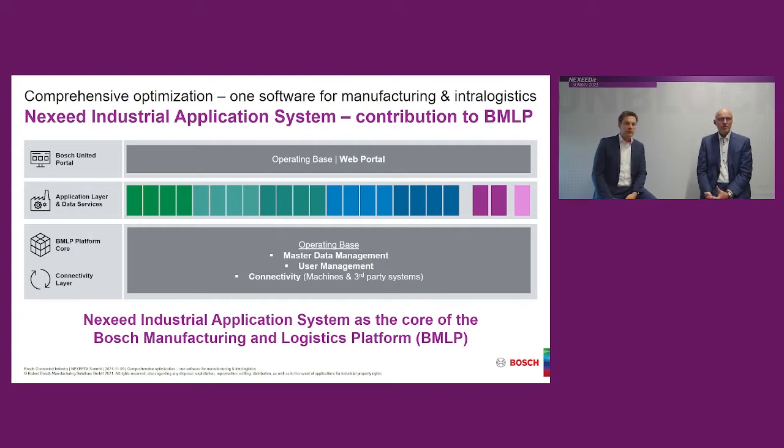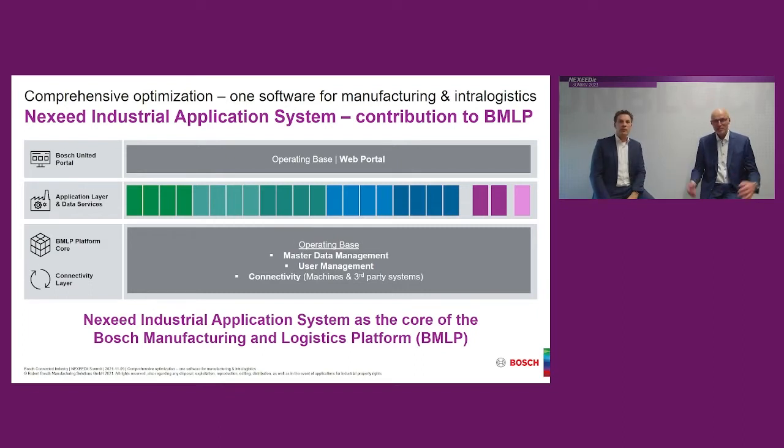Requirements from various solutions that are required for common functionalities come in the BMLP platform core, which is also to be found in the operating base. One example is the master data management. At the top of the whole architecture, you see the Bosch United portal, which is made by the Nexeed IAS web portal, and it offers a common user interface.